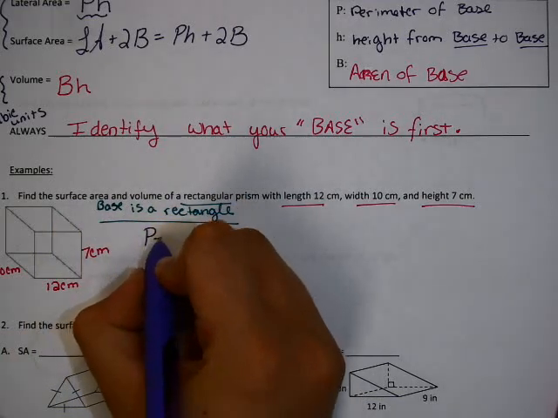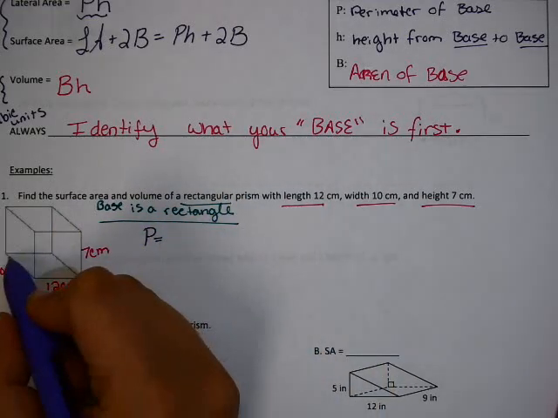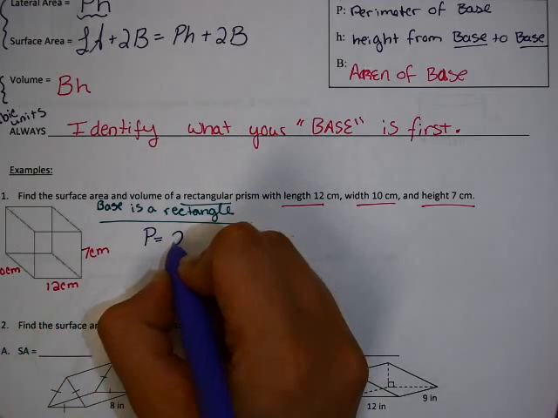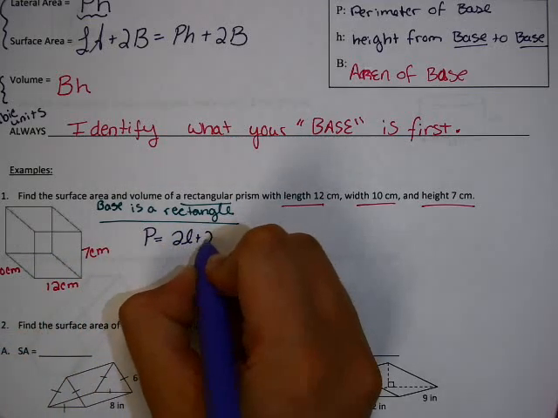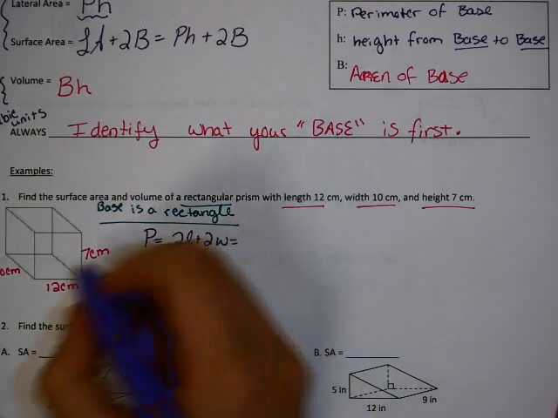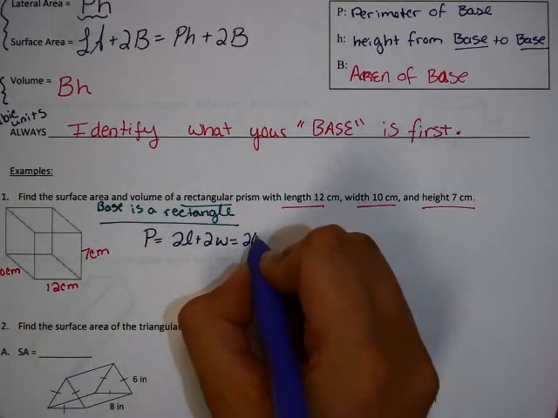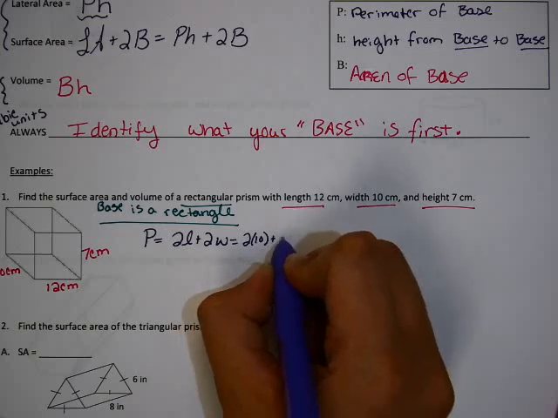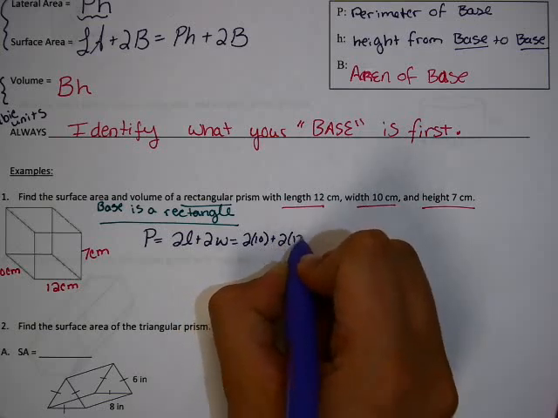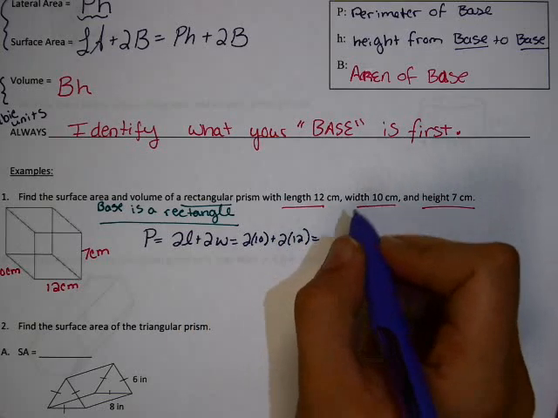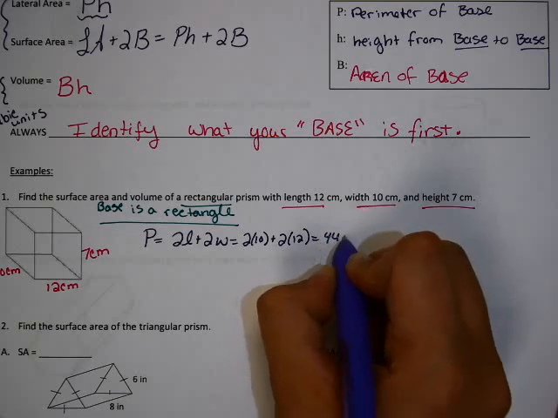So the perimeter, if we look at the perimeter of the base, it's a rectangle, so it'll be 2 times the length plus 2 times the width. So 2 times 10 plus 2 times 12, and we get 44 centimeters.